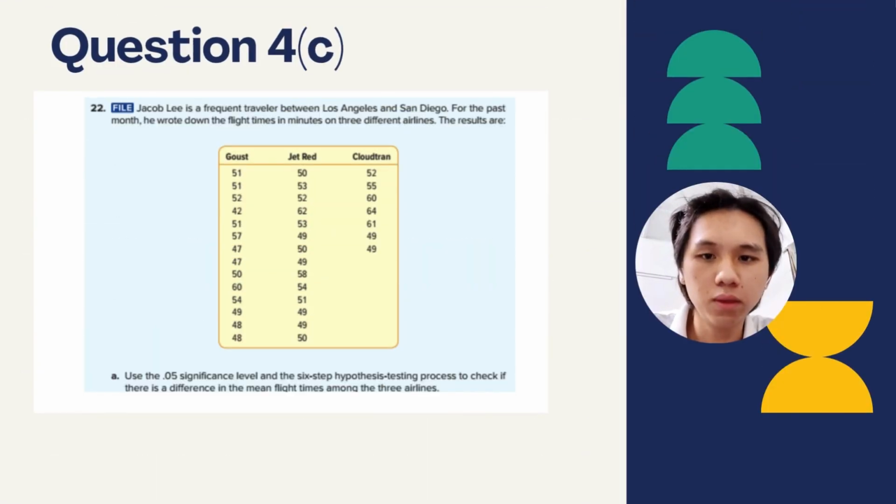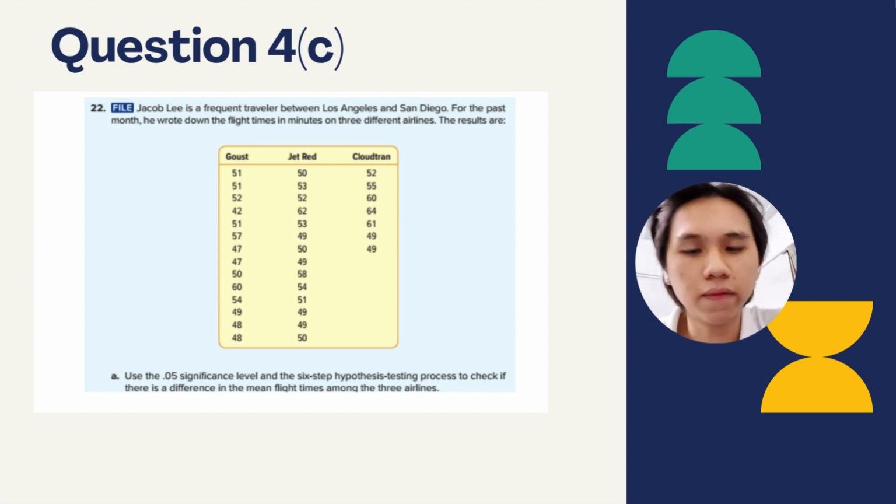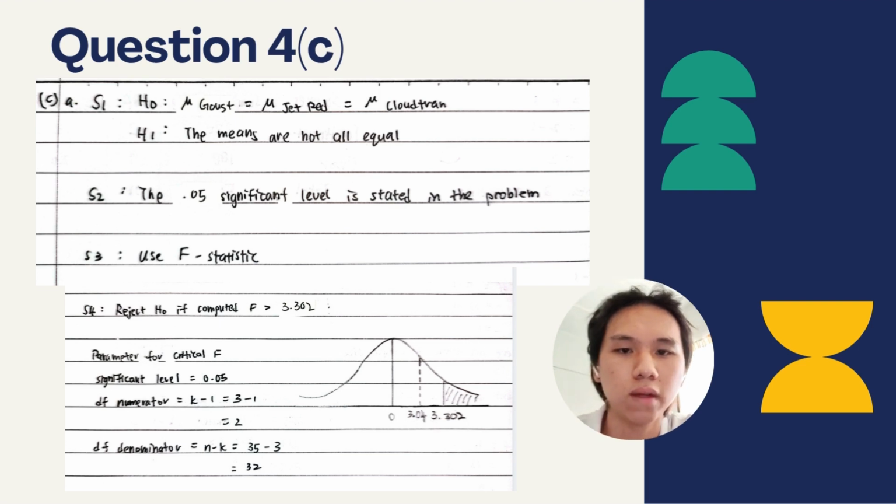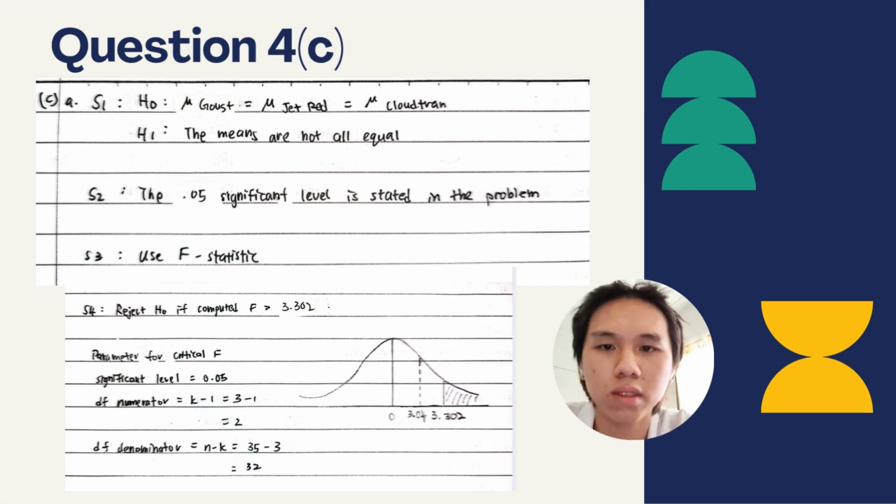In question 4c, we are required to use the 0.05 significance level in the 5-step hypothesis testing process to check if there is a difference in the mean flight times among the 3 airlines. For question 4c, step 1 is to state the null hypothesis and the alternative hypothesis, which is H0: mu goes equal to mu jet rate equal to mu cloud trend, and H1: the means are not all equal.